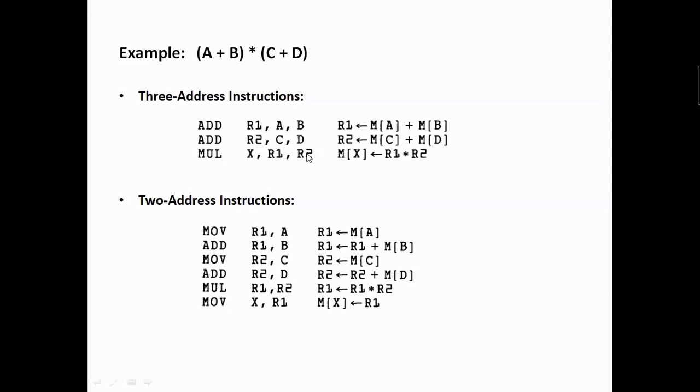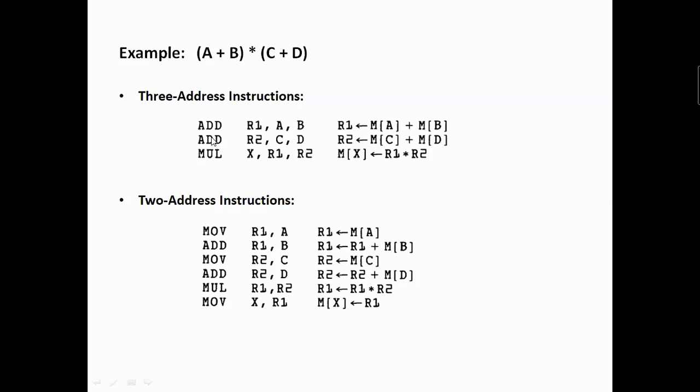So R1 and R2 are to be multiplied, and the answer is to be stored back to the memory at some location, for example X. So this will be: MUL X, R1, R2. So when we perform this operation on a computer that uses three address instruction format, the program will be like this.